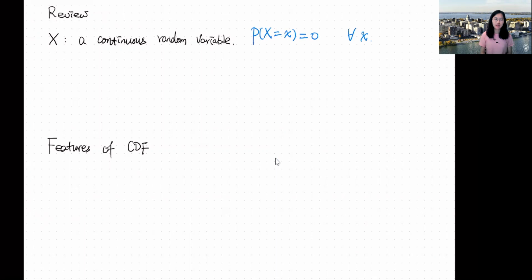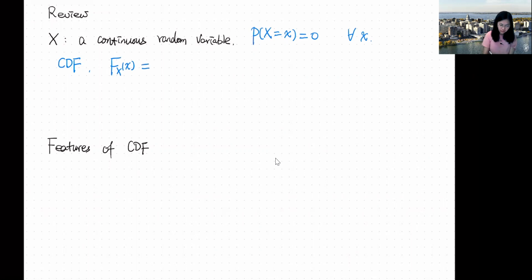Instead, we defined a new concept, the cumulative distribution function, or CDF. The CDF of the random variable is a function that maps the real line to the 0 to 1 interval.